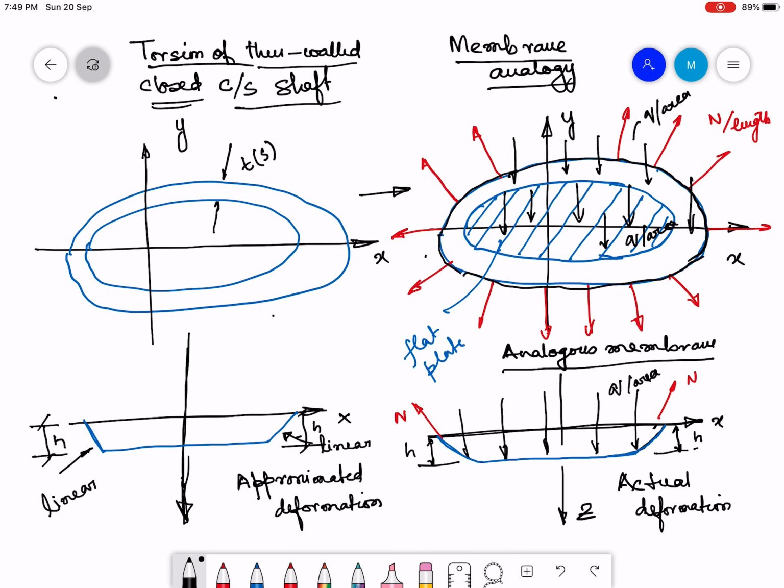This approximation is a good approximation only because the thickness t is very small compared to the other dimensions of the cross section. Now some very nice thing happens when you make this small approximation. Now let me just clean this board and go to a new one.